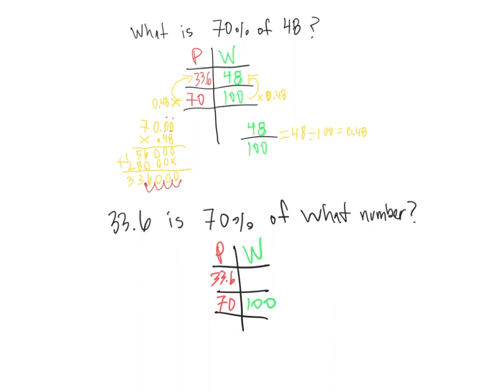So we can actually get the value of the ratio here to figure out what we are going to divide 100 by to get our missing number.